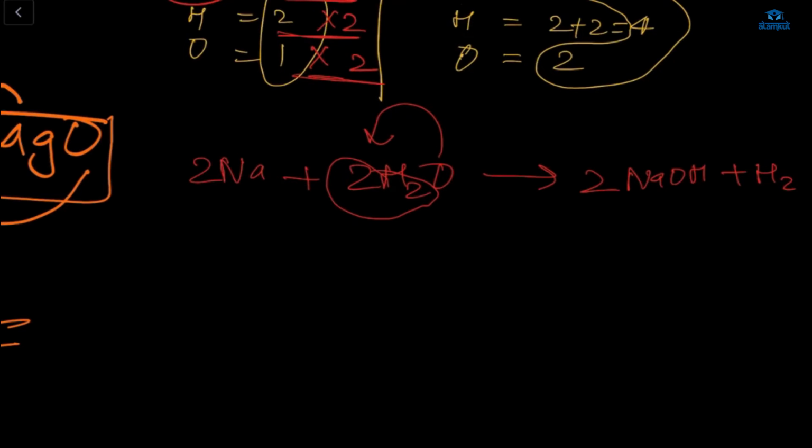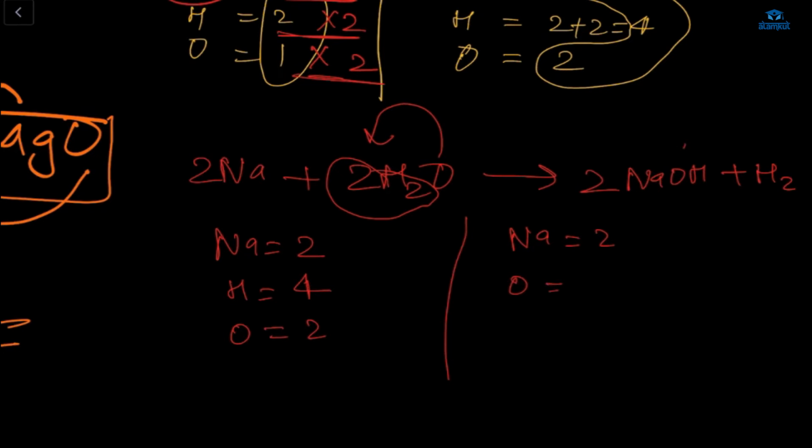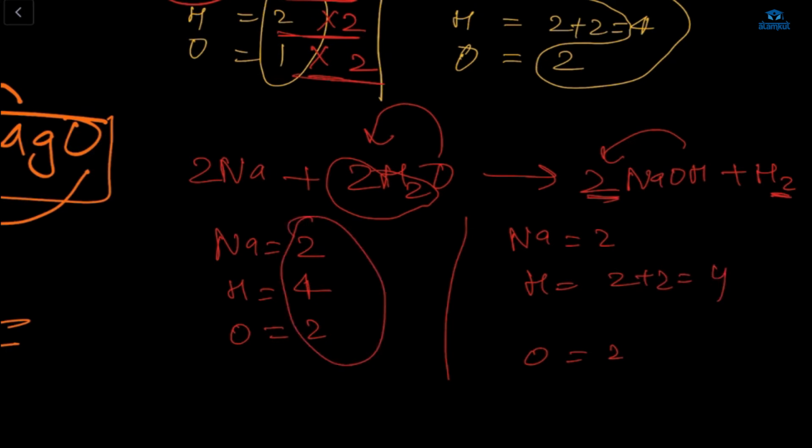So see, Na is 2, my H is 4, my O is 2, and here also my Na is 2, my O is 2, and my H is 2 plus 2, it's 4. Now everything is balanced.